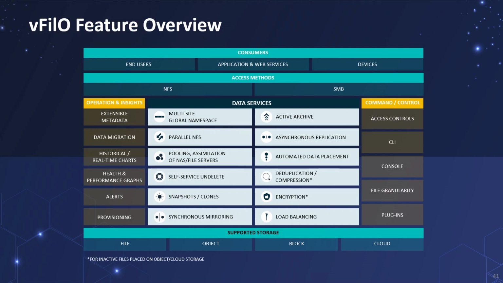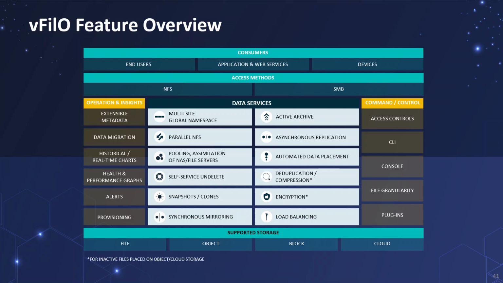In vFilO, we also have features like snapshot, WAN, encryption, and space elimination, etc. So vFilO is a full-featured NAS, but with a software-defined approach that gives you more flexibility.